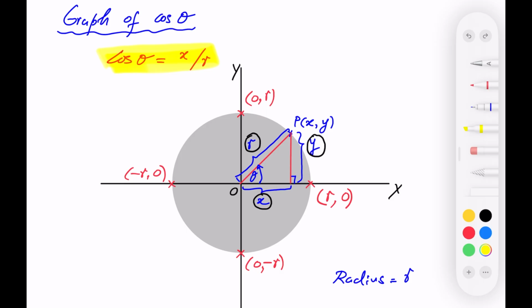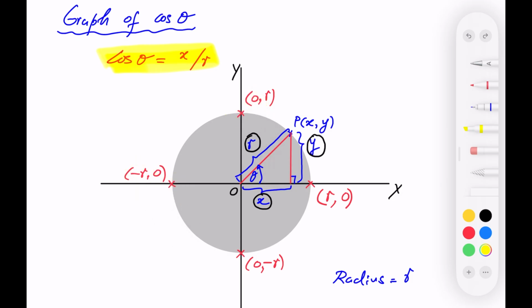Now assume that the point P is in between any of those stop points that we considered. Let's first consider this first quadrant. Point P started right here with x coordinate equals r, and then point P landed at this place with x coordinate equals 0. What has happened? The x coordinate has decreased from r to 0. Similarly, if you pay attention to this point and this point, the x-coordinate has reduced from 0 to negative r.